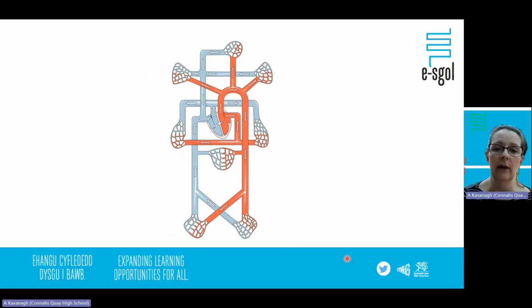And this is a diagram. Now you might see something like this in an exam question, and we can use this to describe our circulatory system as being a double circulatory system.